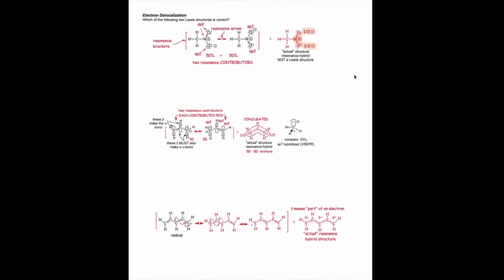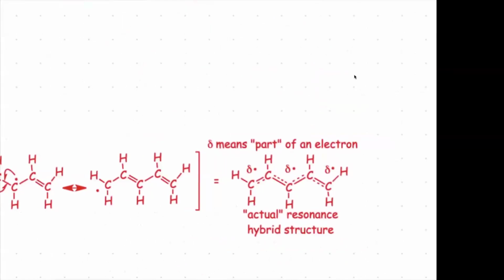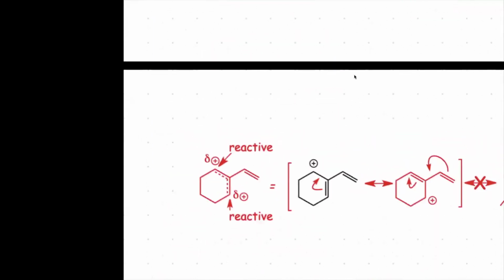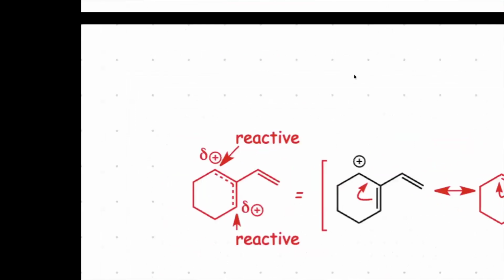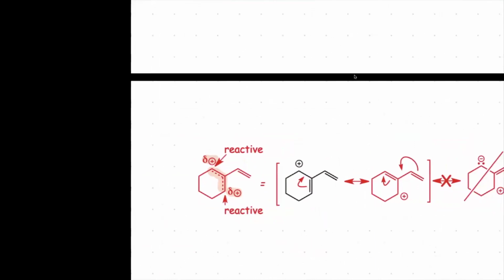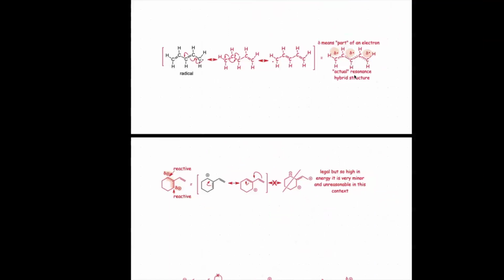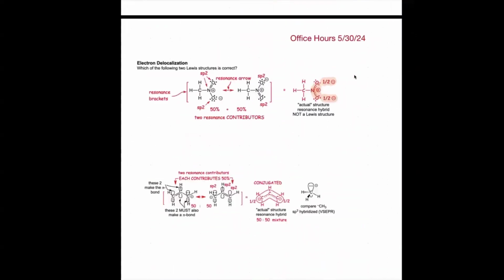For example, you would see stuff like this, where you'd have your delta, usually delta positive, delta negative, right here. How you have these dotted lines with your delta positives here. Is that what you're talking about? Yeah, those are perfect examples of exactly what I'm talking about. Okay, perfect, no problem.